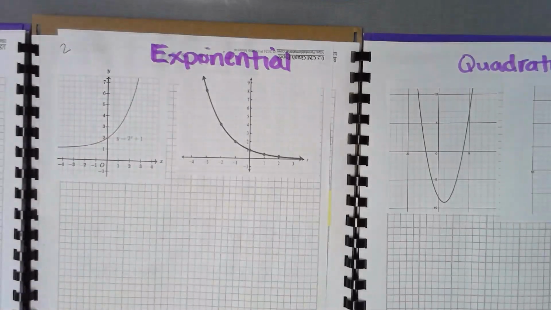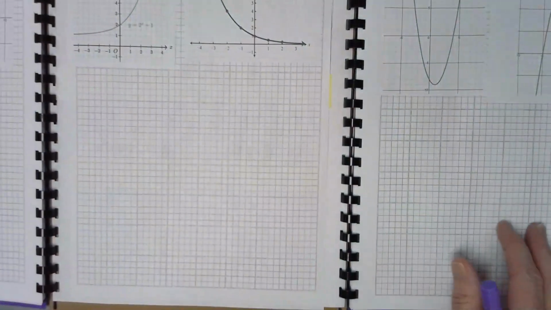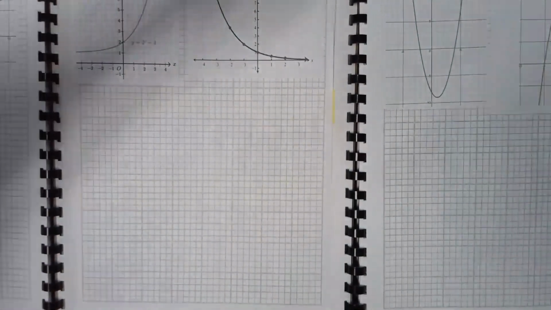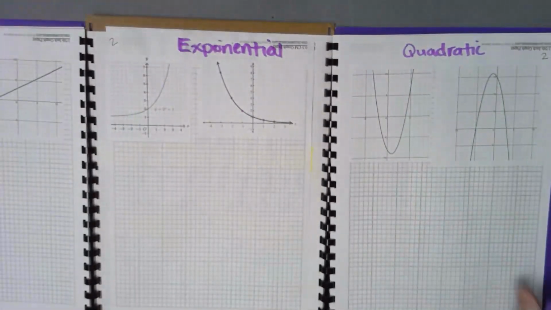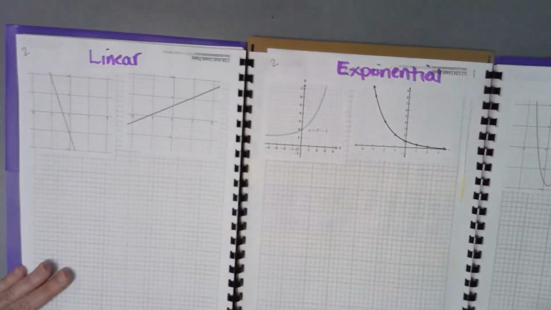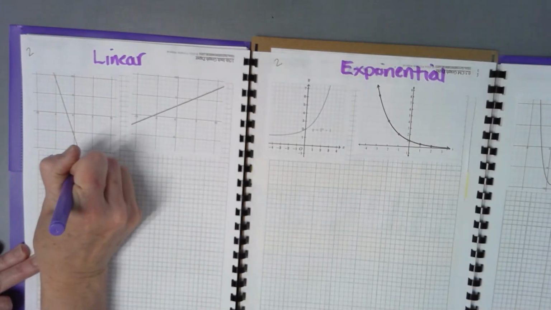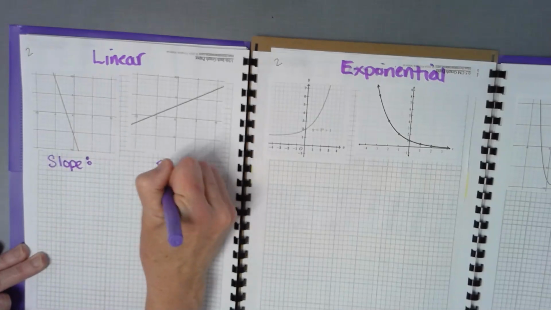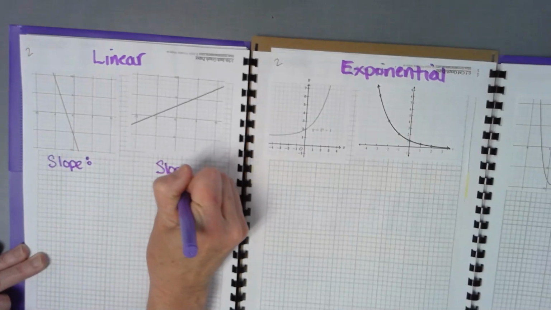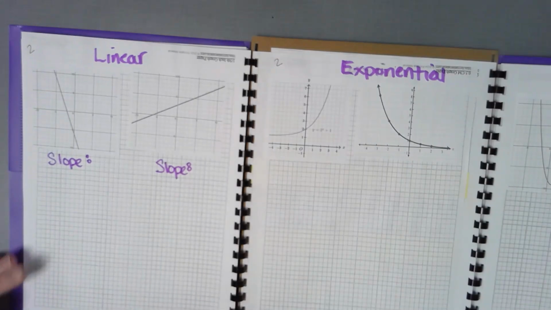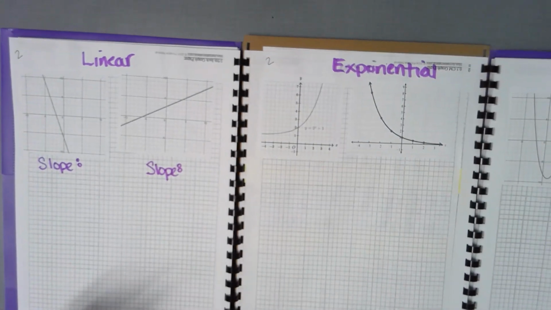If you have something that won't bleed too badly, you can go ahead and write under the linear: slope. Under the exponential and quadratic, though, the slope changes names.